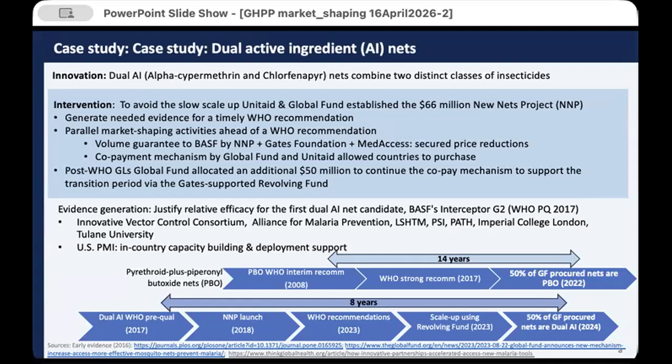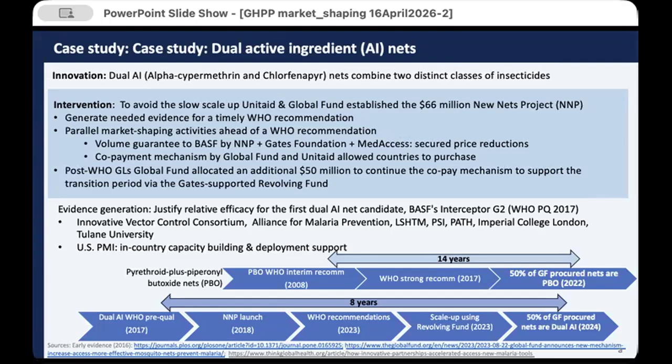The contrast here reflects a deliberate choice to run evidence generation and market shaping in parallel rather than sequentially. The intervention here was the New Nets project, a $66 million project launched in 2018 by Unitaid and Global Fund, specifically to avoid repeating the slow scale up that had characterized the PBO nets.